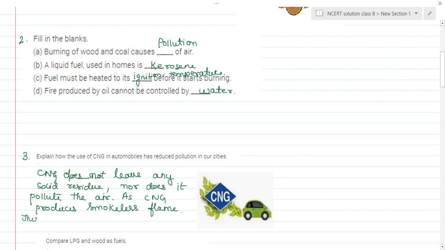Thus, CNG has reduced pollution in our cities.